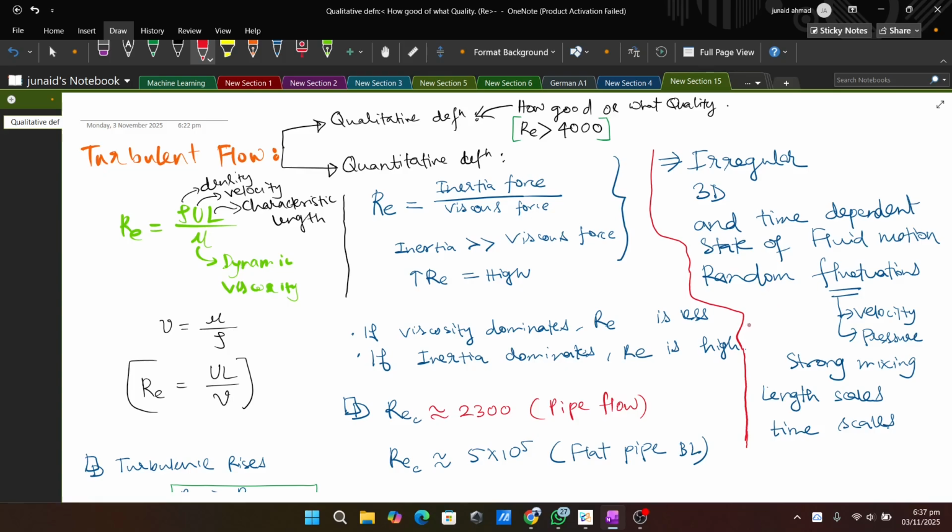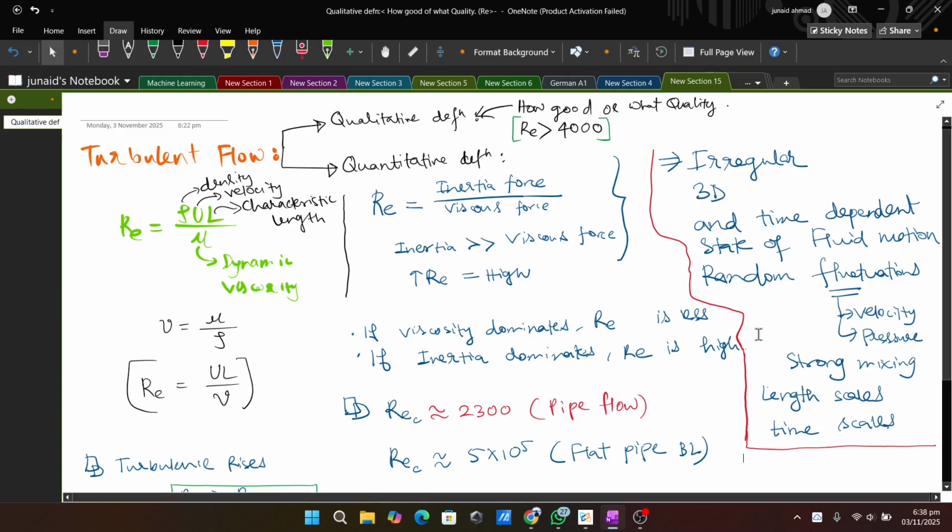It also showcases strong mixing, and it has a wide range of length scale and time scale. Do not bother if we don't understand the things that we have just brought here. We will also talk about the length scales, the time scales, also the fluctuations.